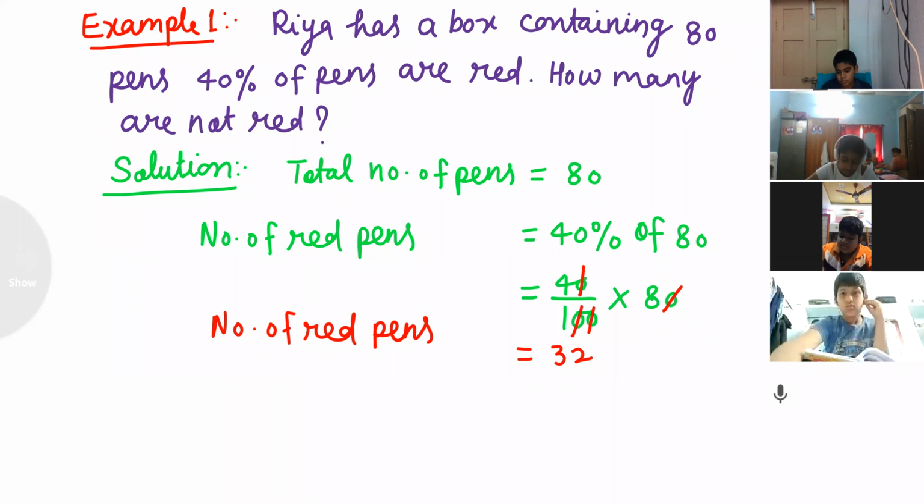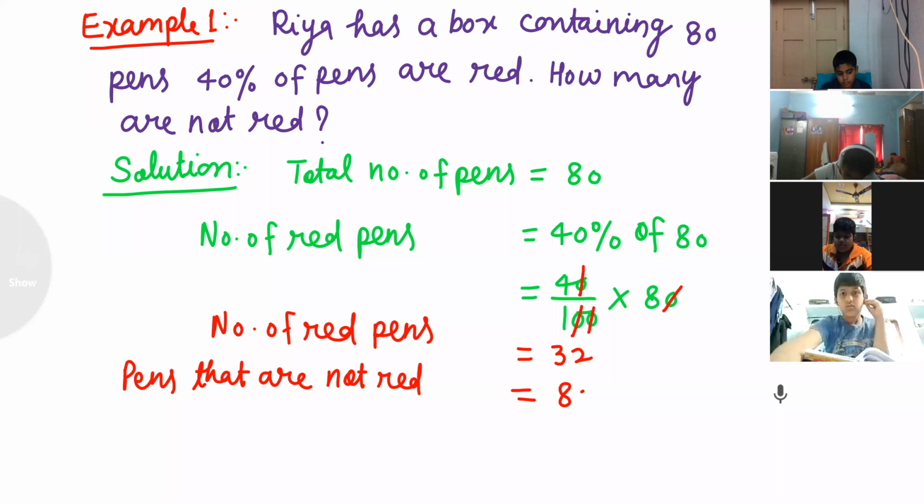But this is not our question. He is asking how many are not red. It means pens that are not red is equal to total pen 80 minus 32. 10 minus 2, 8, 7 minus 3, 4. 48 pens are not red pens.